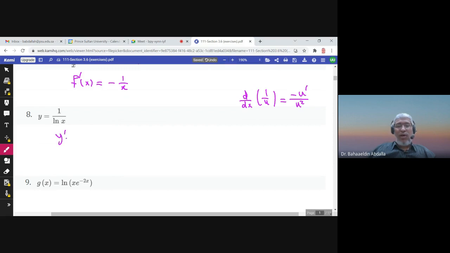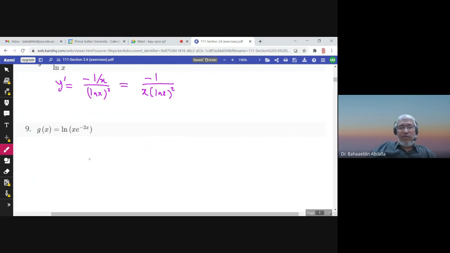So y prime would be u squared, ln x to the power 2, and negative u prime, the derivative of ln x, which is 1 over x. So I can write it negative 1 over, this x is already down below in the denominator, times ln x all squared. This would be the derivative.